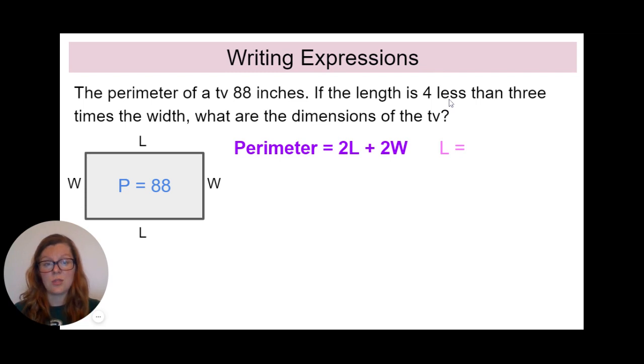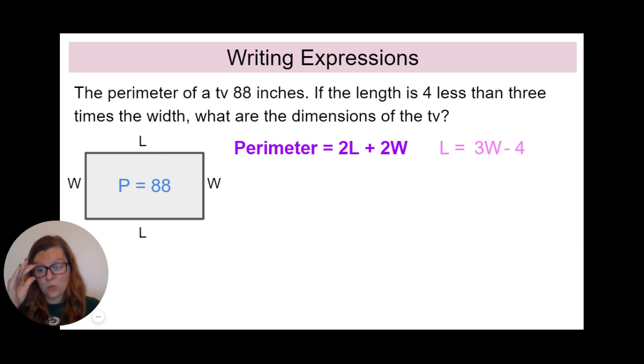So here, 3 is 4 less than, remember than, you take 4 less and put it at the end of your expression. So 4 less would be minus 4. And then 3 times the width, well, we don't know what the width is, so I'm just going to keep it as a W and say that is 3W. So overall, I have now an equation for my length. It is 3W minus 4.